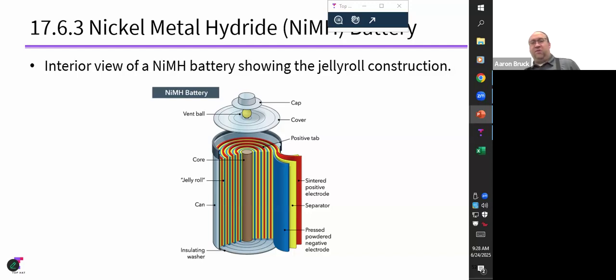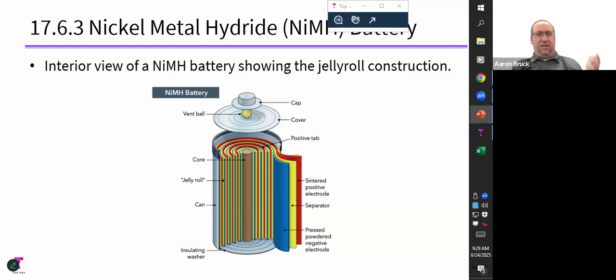And so what you see is basically a series of layers here. This is known as the jelly roll construction, where you have a series of layers of these cathodes and anodes separated by the plastic sheet, all wrapped around this core. And the core basically is serving the same purpose as the pin in conventional batteries.